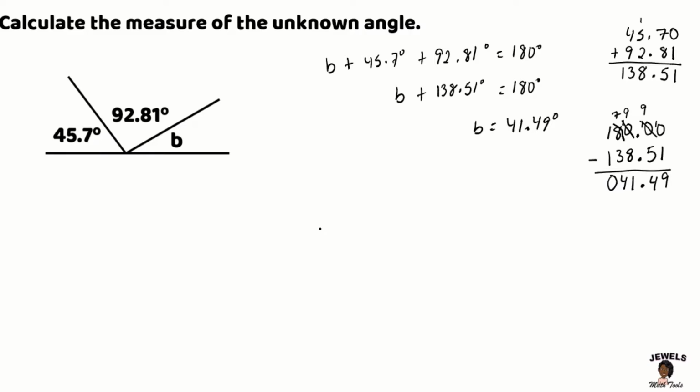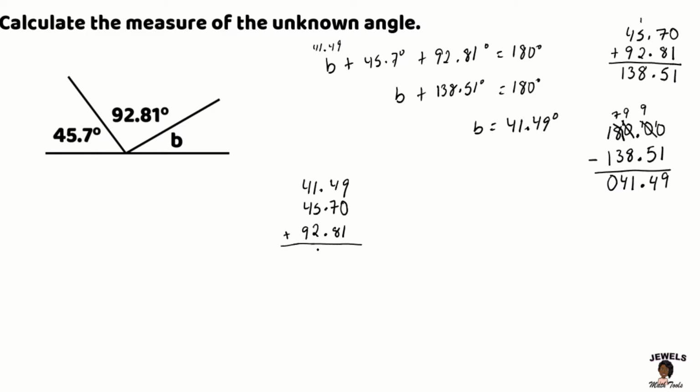And remember, after your calculation, if you still want that extra to make you feel as if you did your work correctly, go back and perform your substitution by replacing your B with the 41.49 degrees that you got, and sum all of your numbers up to see if they do add up to 180 degrees. Remembering that we are lining up decimal points and not our numbers. And anywhere in your working where there's a blank spot, you can always fill that in with a 0.